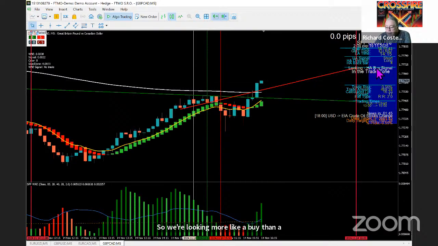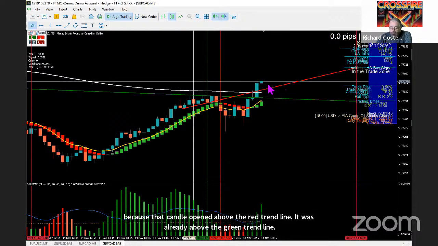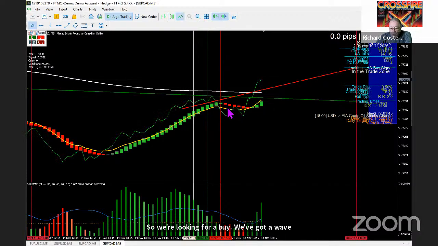There you go. That has now changed to a buy signal because that candle opened above the red trend line. It was already above the green trend line. So we've got price above the trend lines, so we're looking for a buy. We've got a wave change. There was a red downward wave.